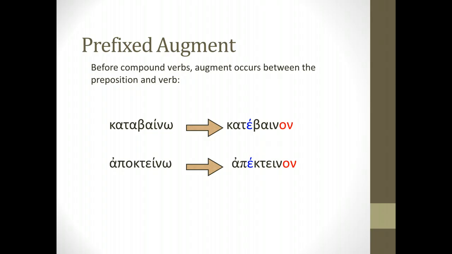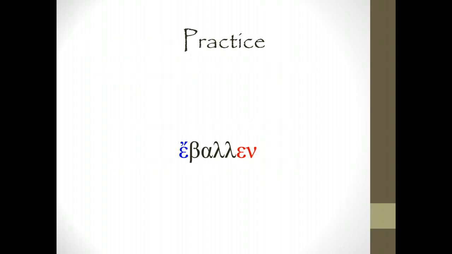Let's take a look at a few practice sentences just to help you get the hang of things. Here we have the verb balo, but now it is appearing in the imperfect tense, and I know it's the imperfect tense because I see my prefixed augment with my imperfect ending. When I parse this, this is the way it'll look.